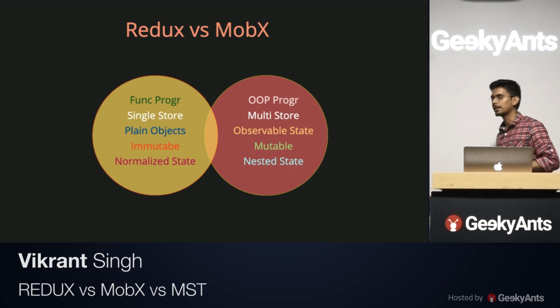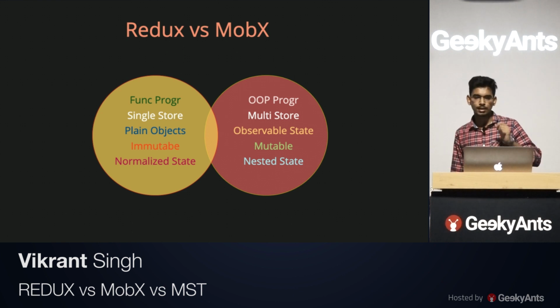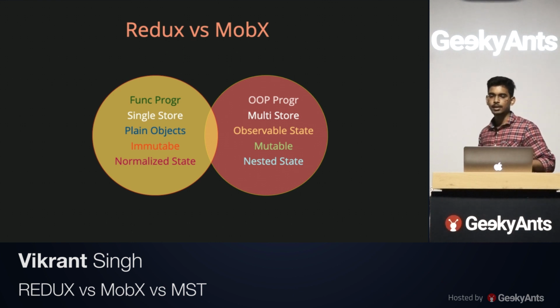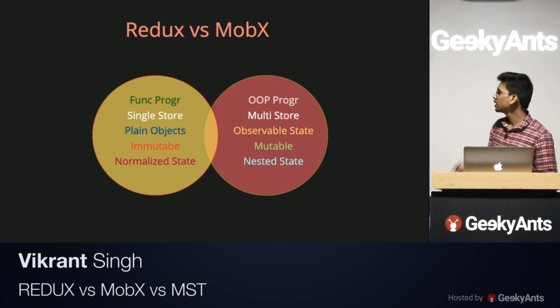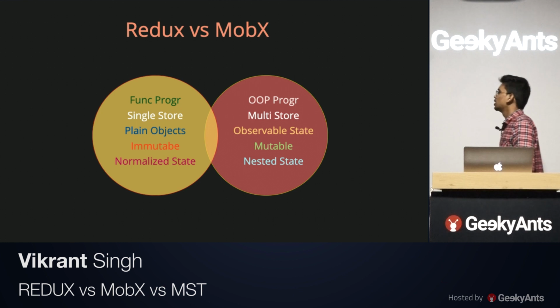So here developers can separate their application into multiple modules and classes, and then they can encapsulate their logic into these classes. And all those states that are stored inside the stores in Redux are just plain objects. While in the case of MobX, all your JavaScript objects that are working as state are to be wrapped inside the observable capacities. And Redux follows the concept of immutability, whereas MobX follows the concept of mutability.